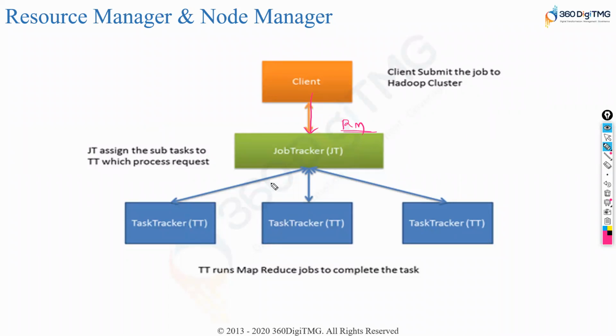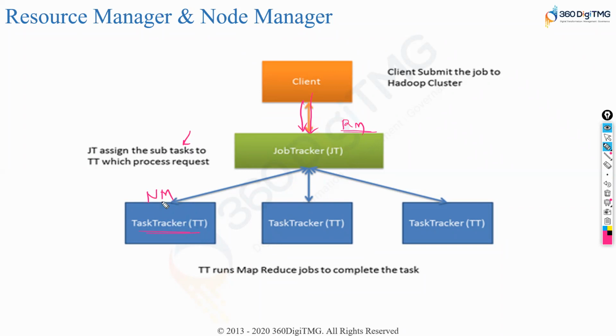So it looks into that information and understands which slave node is free to take a transaction. The assignment given by the client is broken down into subtasks, and those subtasks get assigned to slave nodes, and these slave nodes will have task tracker. We call it node manager now.